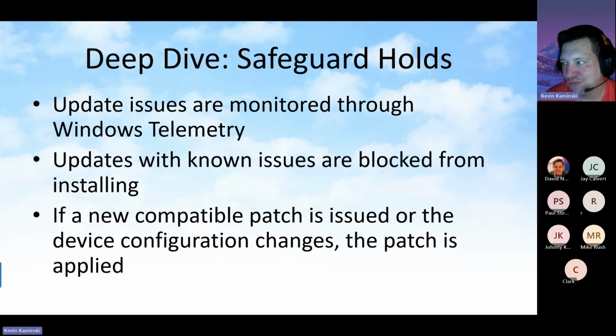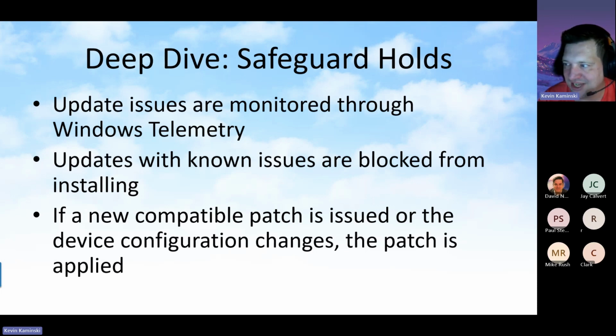Safeguard holds allow you to provide a level of safety using the telemetry data. I am a big fan of telemetry because telemetry allows systems to be a little bit more intelligent as to what they do.